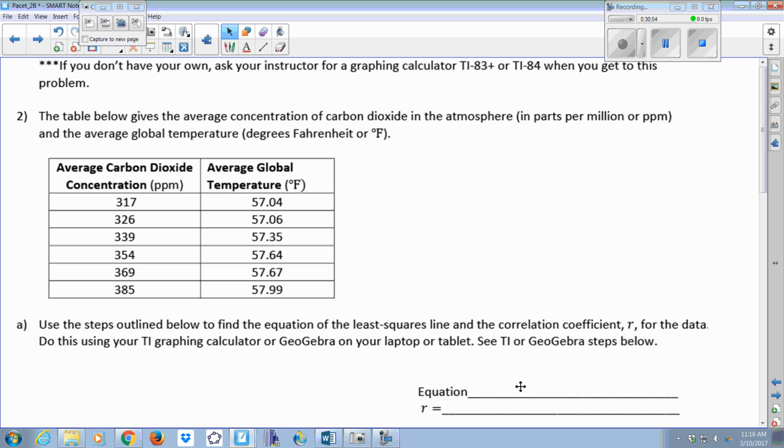So down here where it says equation, you could write line of best fit, or you could say regression line. I'll get it for you in a minute. Just so that you see something other than equation.